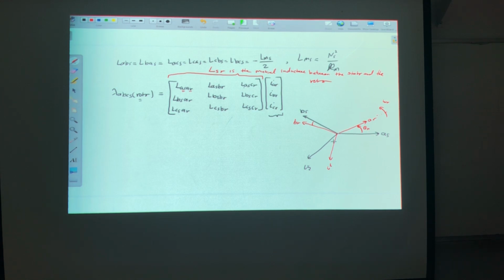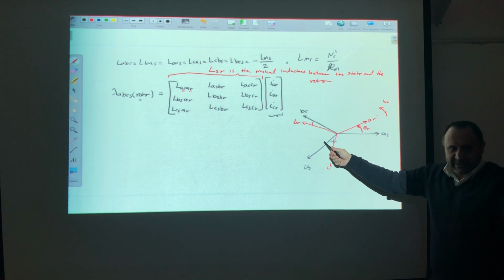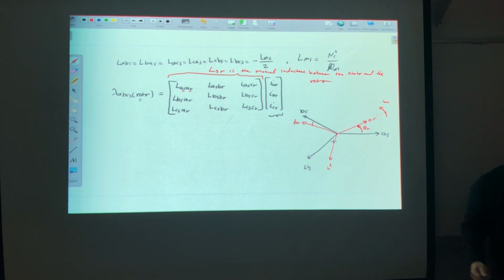And the angle between CS and CR is the same. Of course, this one appears higher, but I'm not Picasso. This is the best that I can do. This is theta. Good. Now the rotor is rotating.